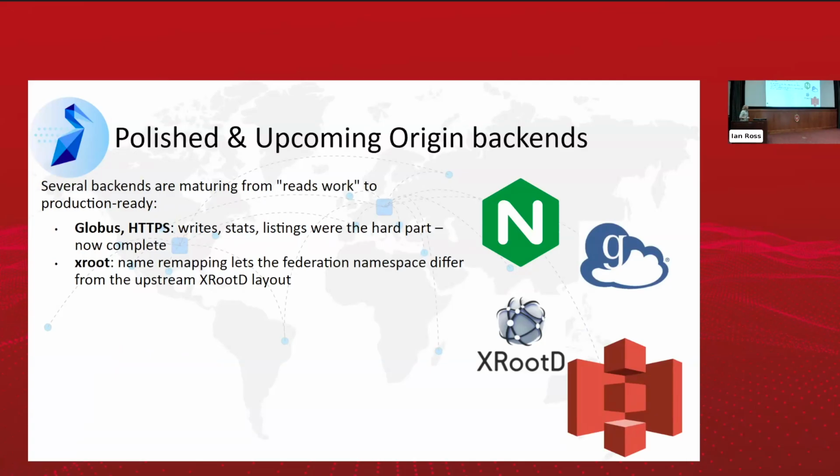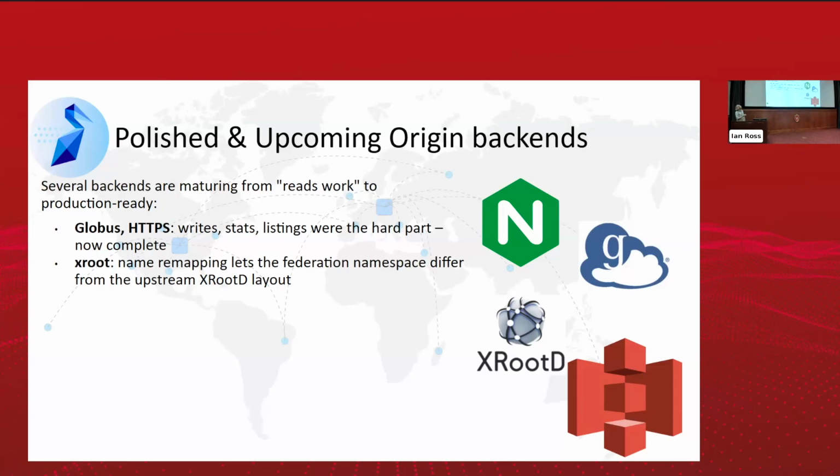In the past, when we've talked about these, they've been partially supported origins. And by that I mean, if you call back to the table of all the different translations, we had filled in some of those boxes, but not others. At this point though, Globus and HTTPS, we think they're pretty much production ready, and they more or less support the same things that the bread and butter POSIX origins that we run support.